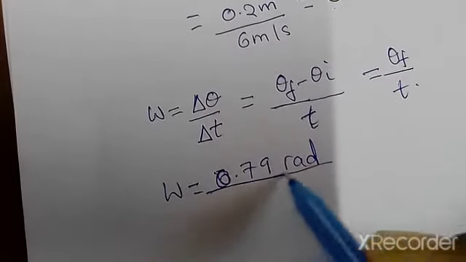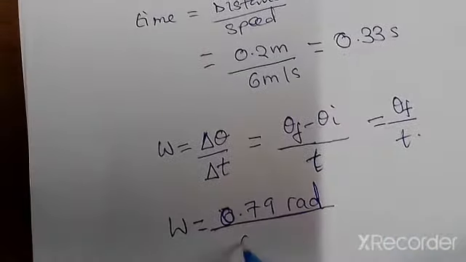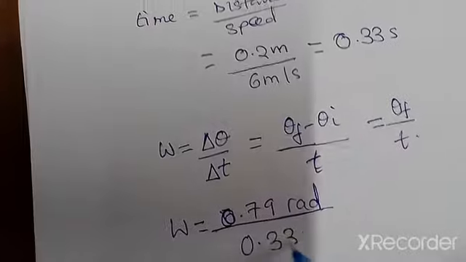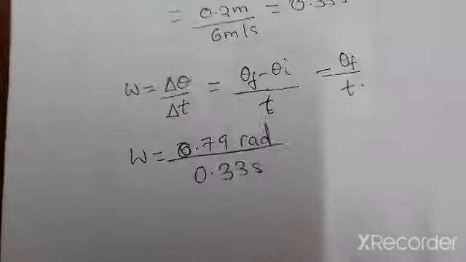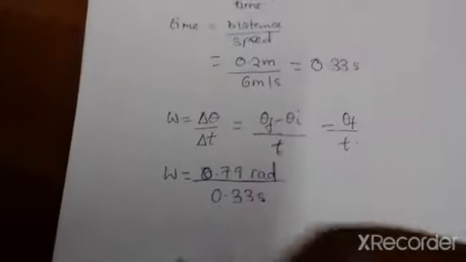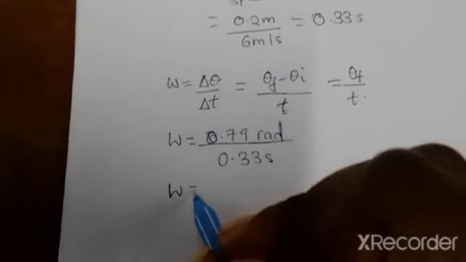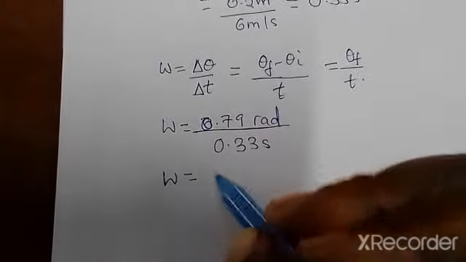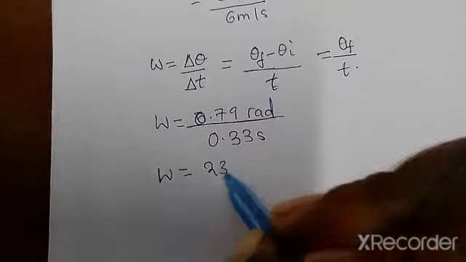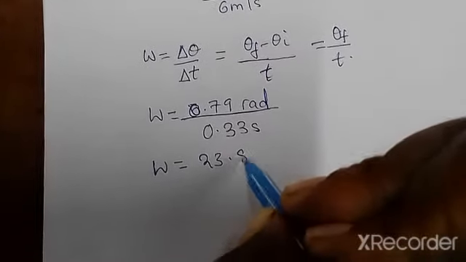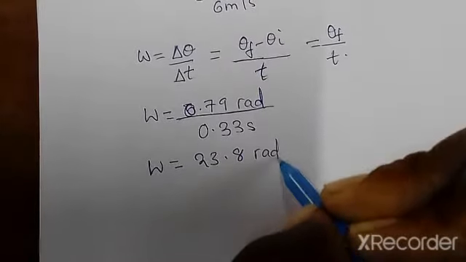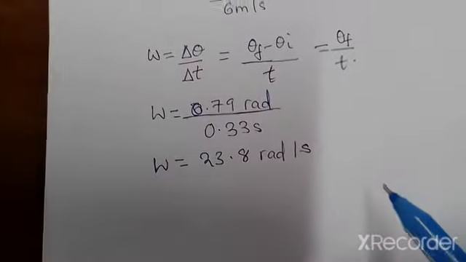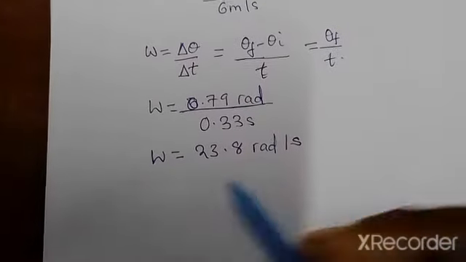Then divide that by the time, which is 0.33 seconds. When we divide by the time, we'll get the angular speed as 23.8 radians per second. So that's what we have in radians per second.